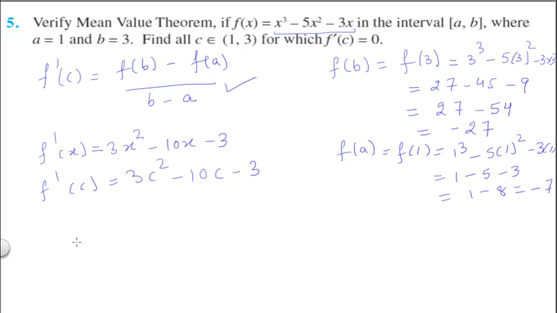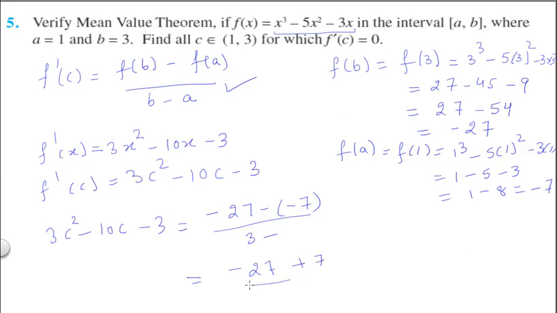We need to put in this formula: 3c square minus 10c minus 3 equals f of b, which is minus 27, minus f of a, which is minus 7, divided by b minus a, which is 3 minus 1. So when we solve, we get minus 27 plus 7 divided by 3 minus 1, so we have 2 here.